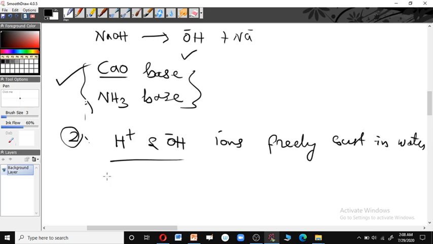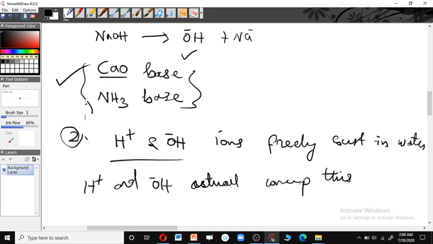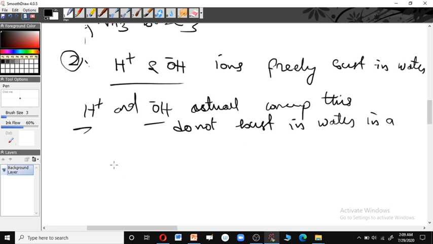But in the actual concept, H plus and OH minus do not exist in water in a free state.